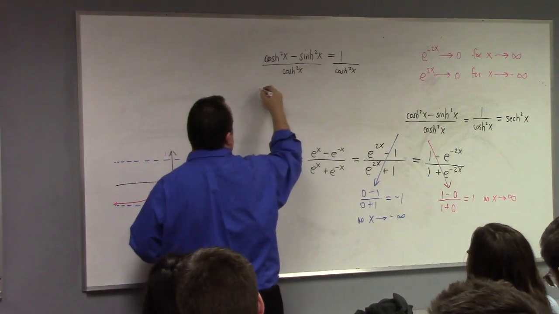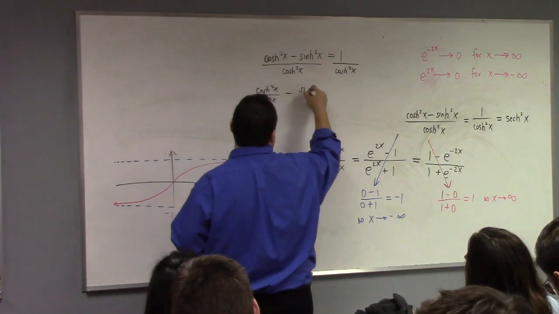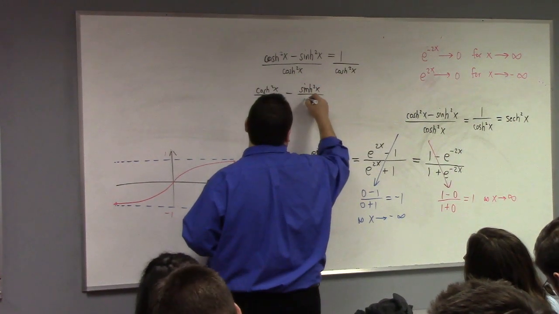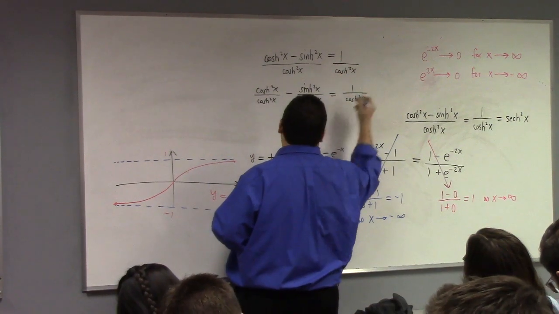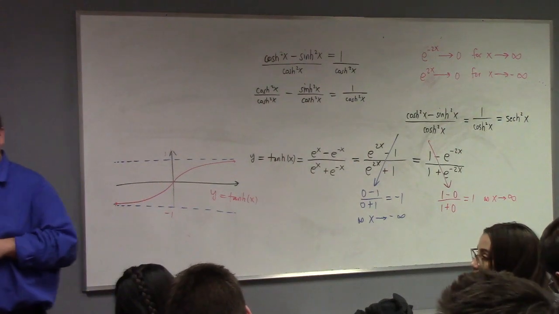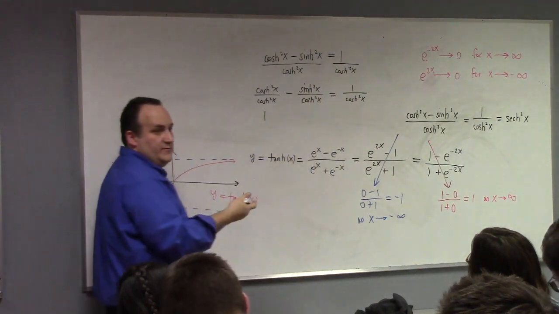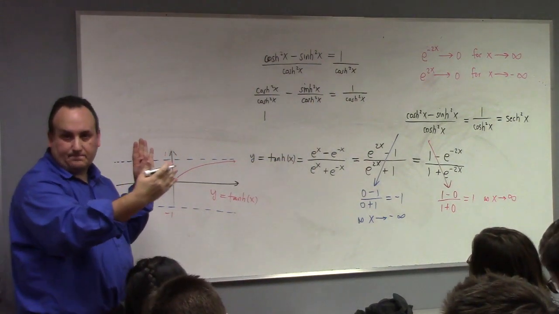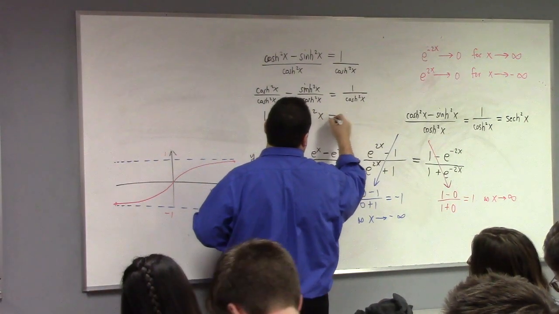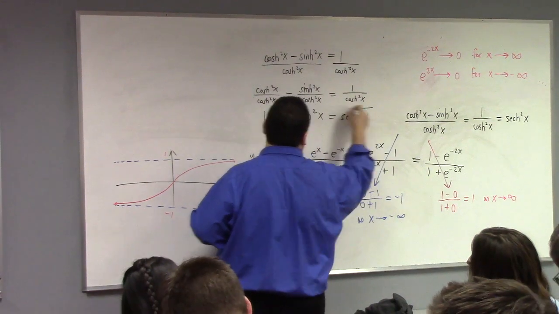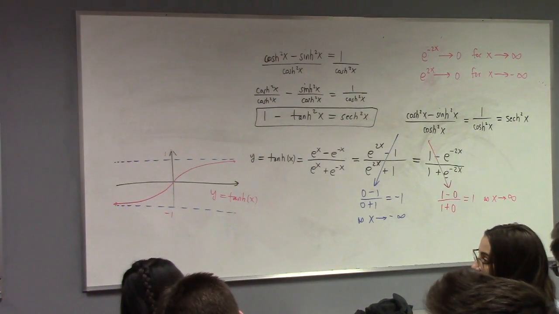Then you get cosh squared over cosh squared minus sinh squared over cosh squared equals 1 over cosh squared. But what is that? You're looking at 1, right? Sinh over cosh is tanh. We can bring the square out. So we get 1 minus hyperbolic tangent squared x equals hyperbolic secant squared x. So that's the analog of the secant and tangent identity for the hyperbolic.